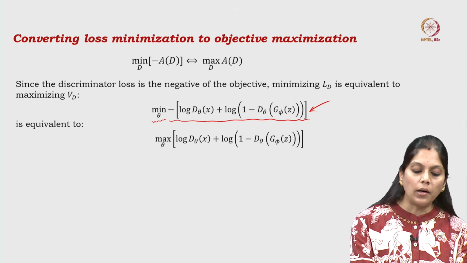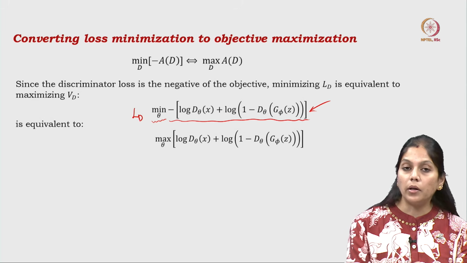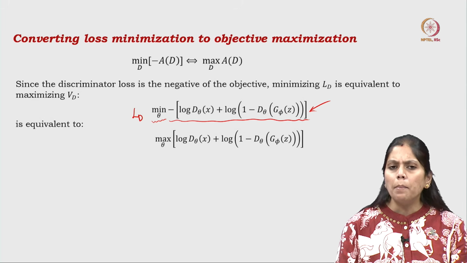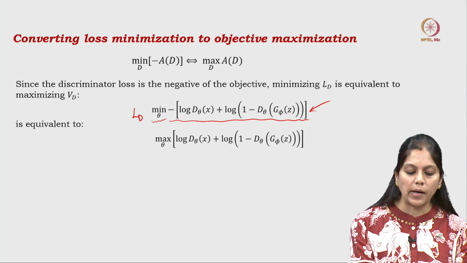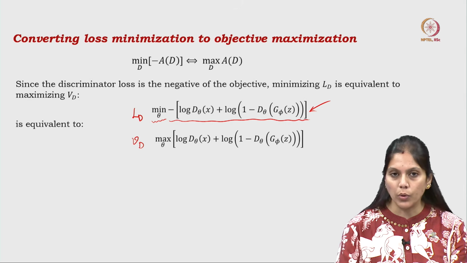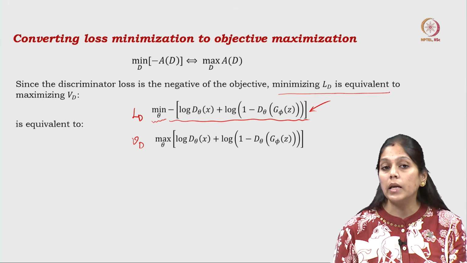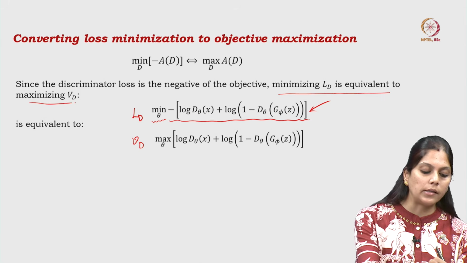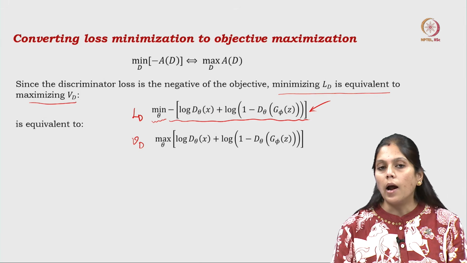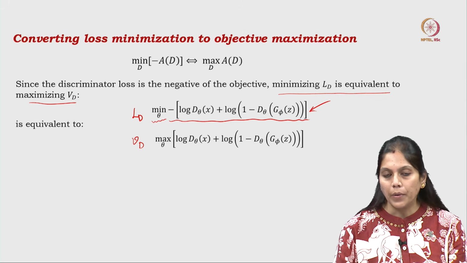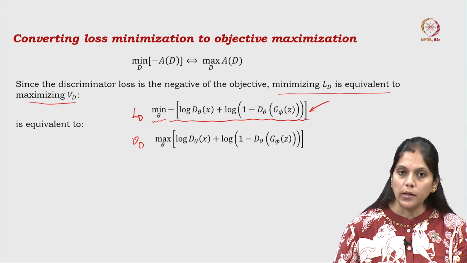If minimization is denoted with the term LD, since you have now converted into maximization, we are writing it as VD. That is where we have written here: minimizing LD is equivalent to maximizing V, the value function, and D is the discriminator. I hope up till this point it is clear to us, right?